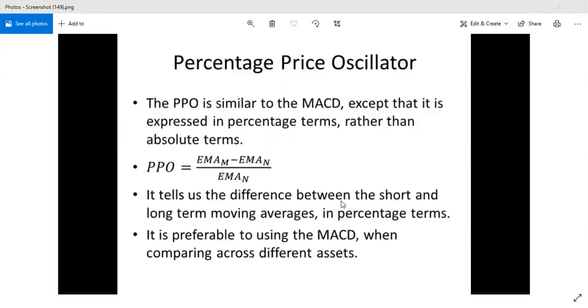In this, we are using the exponential moving average of the fast period less the exponential moving average of the slow period, divided by the exponential moving average of the slow period. It is the same as the MACD. It only makes the comparison between two assets easy.